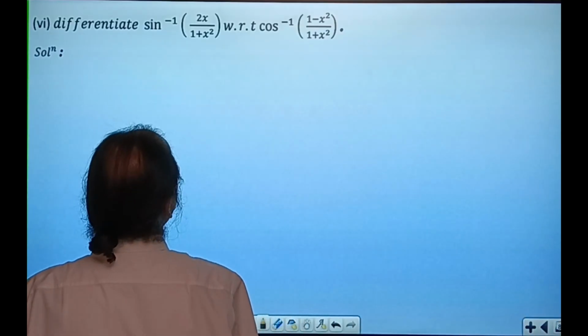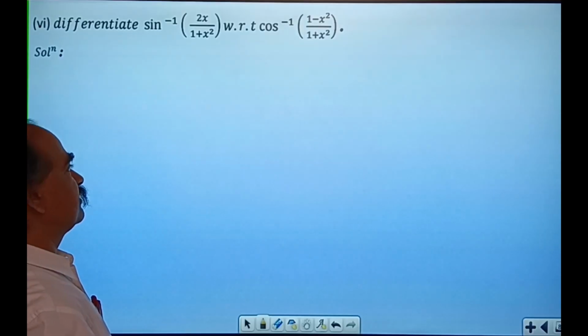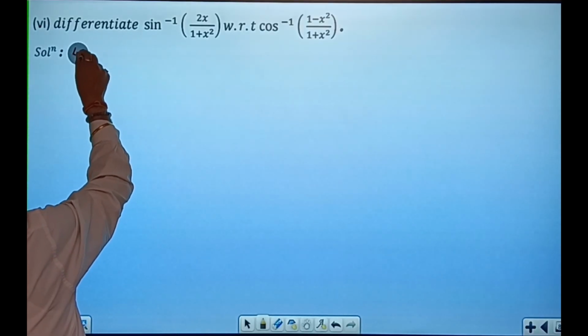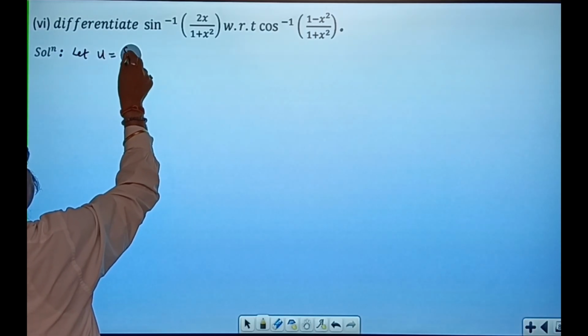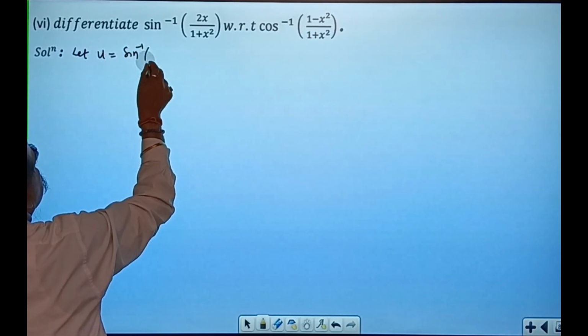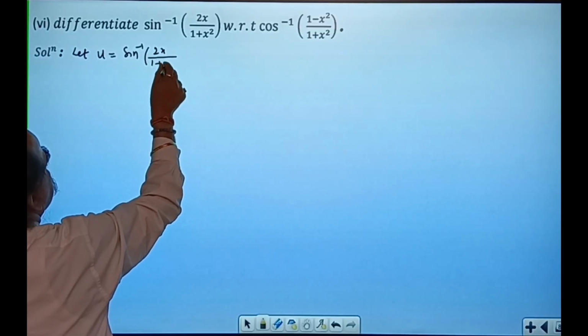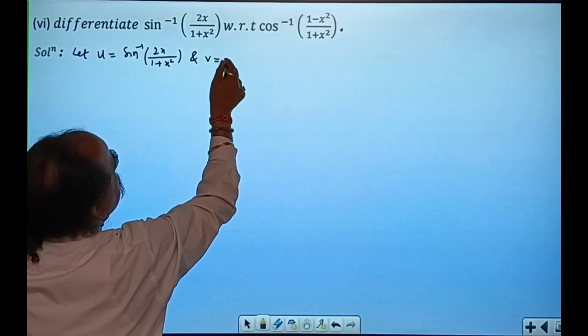Differentiate sin inverse 2x upon 1 plus x square with respect to cos inverse 1 minus x square upon 1 plus x square. Let u is what? Sin inverse 2x upon 1 plus x square, and v is what?